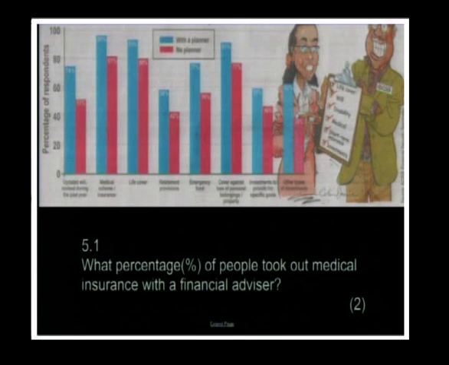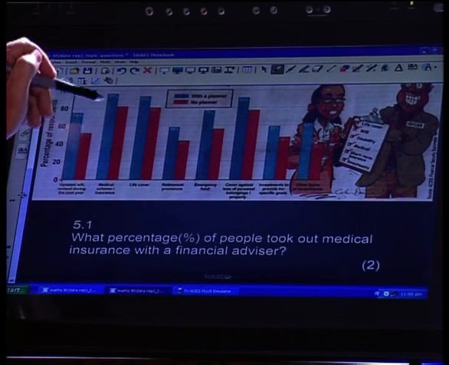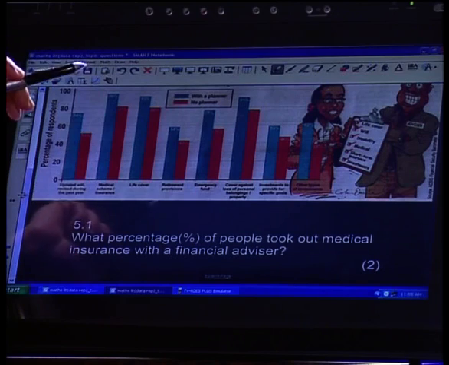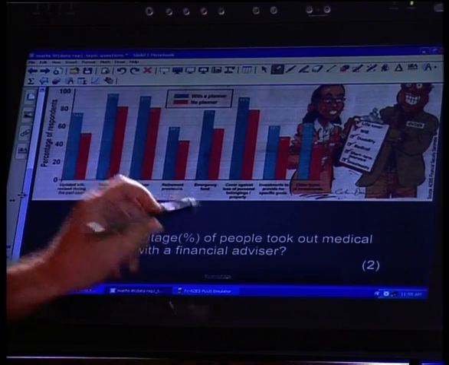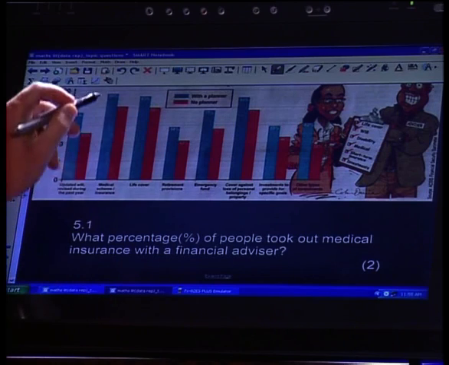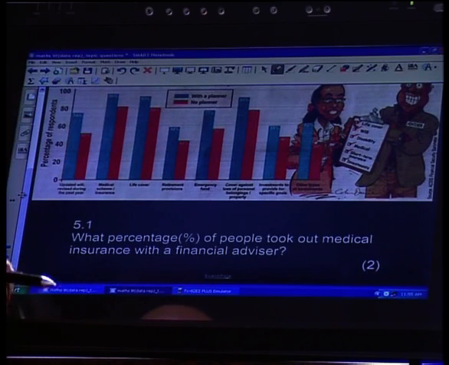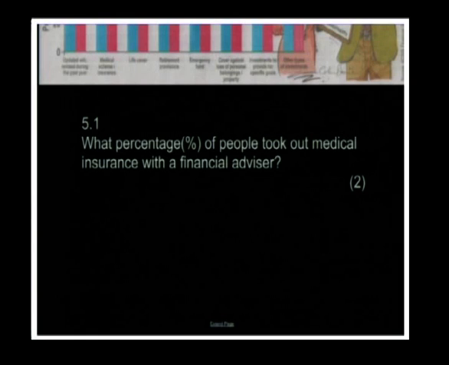So we need to go and look at medical aid, which is this column over here. And you can see the blue with a planner says 96%, without 81%. We want to know that the ones that did take with a financial advisor. And so we are interested in that 96% over there. So the answer, simply 96%.